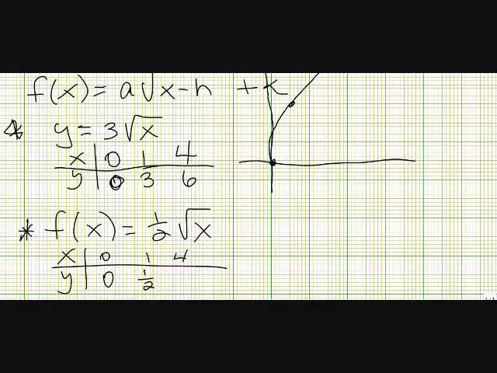Yes, f of x is the same as y. Get that in your head. 1/2 times the square root of 4 is 1. So when a is 1/2, we go 0, 0, over 1, up a half, over 4, and up 1. It'll make it very narrow on its side.